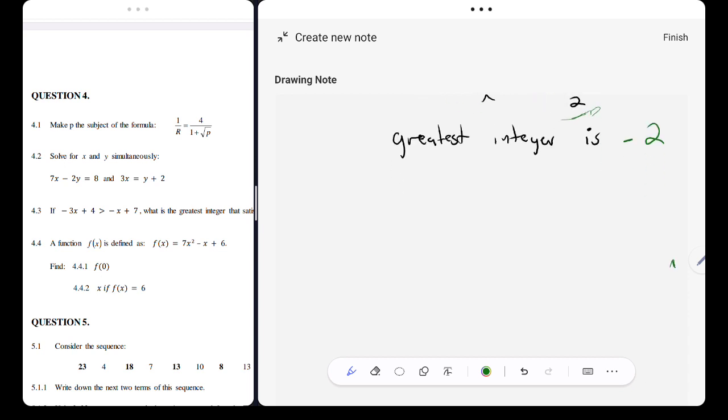A function f of x is defined as this. Find f of 0. So that f of x is 7x squared minus x plus 6.